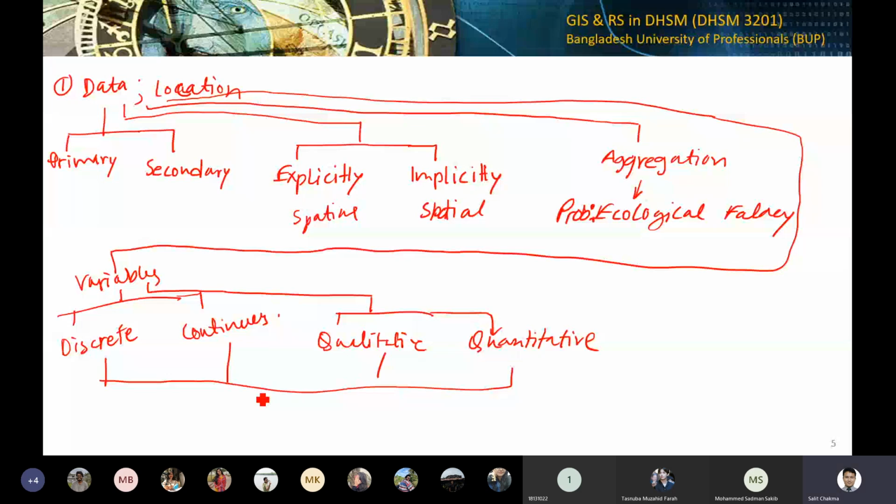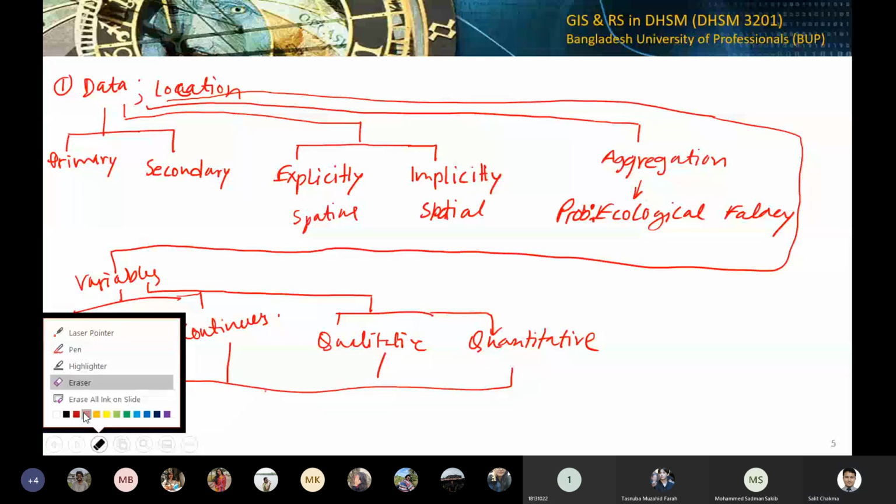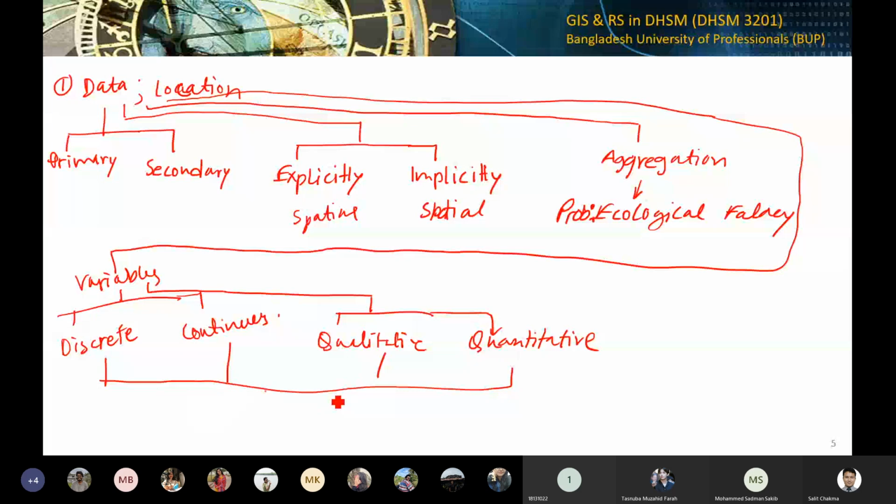Okay, so the scale is further divided into, let me write it down here because I do not have space. This is becoming scale.